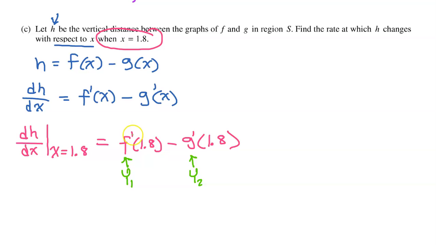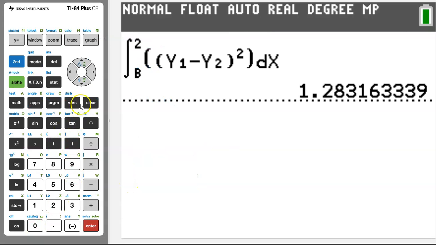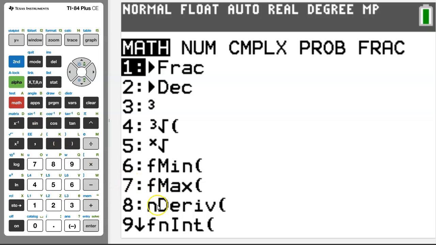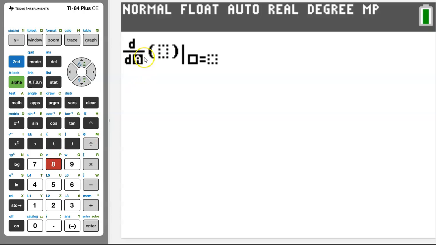So we need to do f prime at 1.8 minus g prime at 1.8. So let's start with f prime, which is in y1. So here's how you do this on the calculator. Hit the math button, and for the derivative, we're going to choose option 8. So we're using this format, the ddx. So we're going to do the derivative of f.